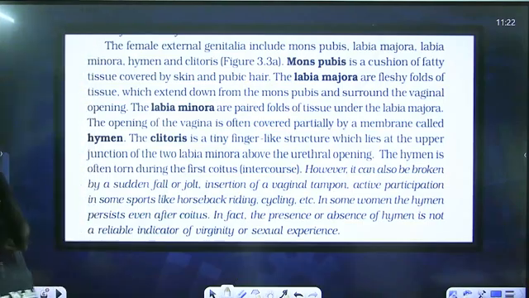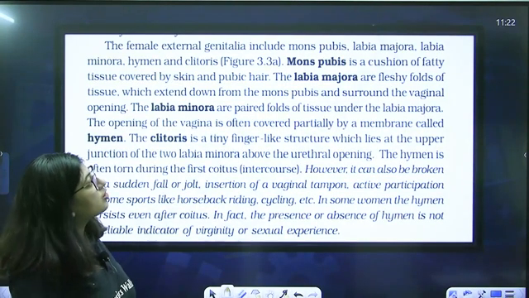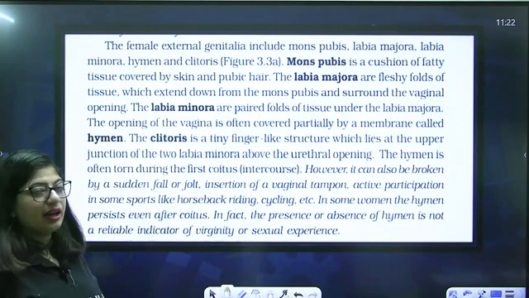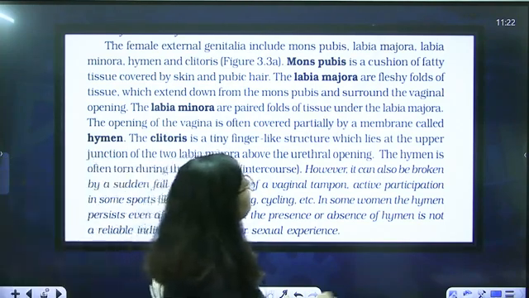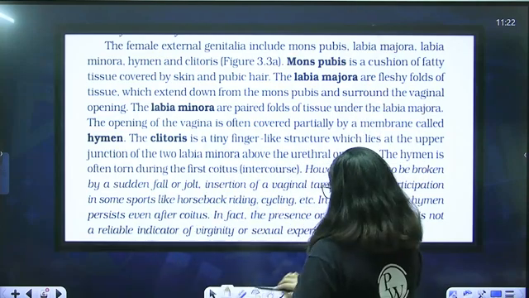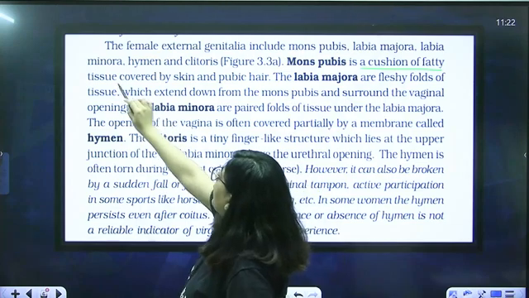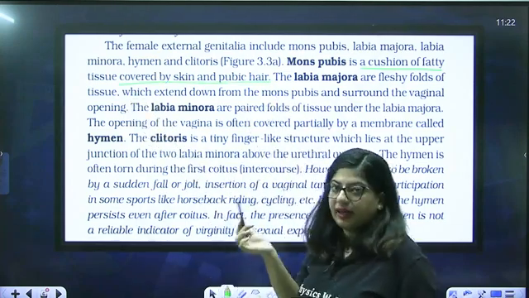Let's read the NCERT. The female external genitalia includes mons pubis, labia majora, labia minora, hymen and clitoris. Mons pubis is a cushion of fatty tissue covered by skin and pubic hair.